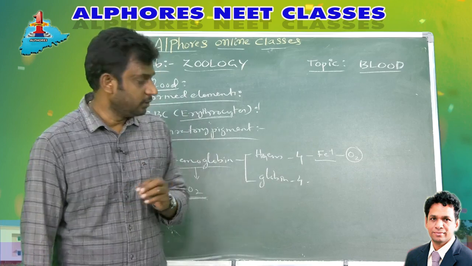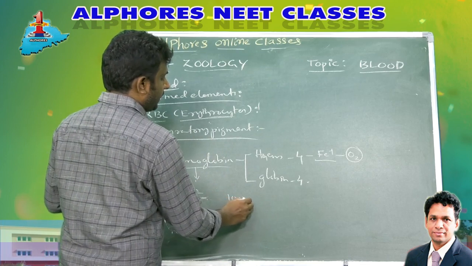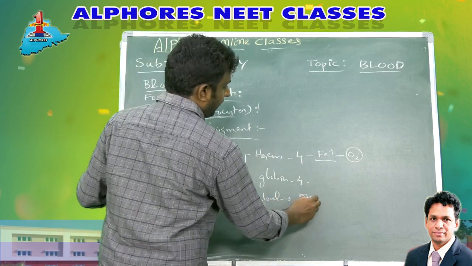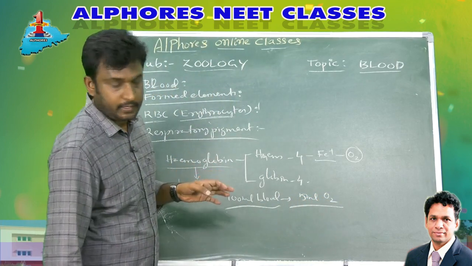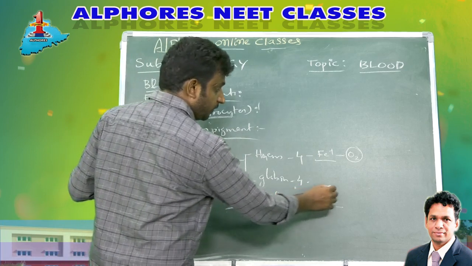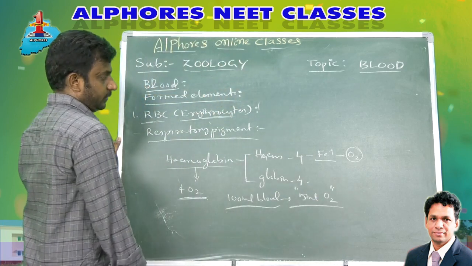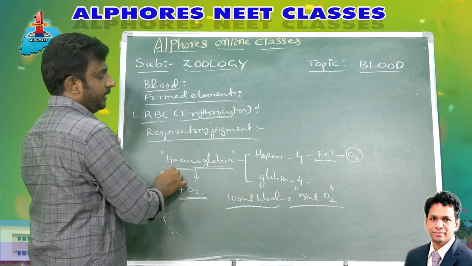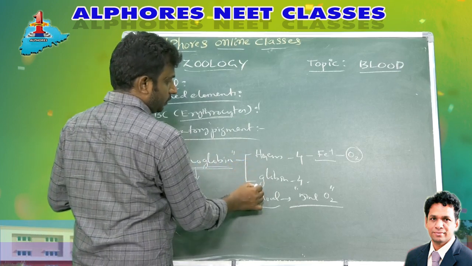One hemoglobin delivers 4 oxygen molecules; approximately 100 ml of blood delivers 5 ml of oxygen from lungs to tissues. Components of hemoglobin: hemoglobin is a respiratory pigment that consists of 2 parts, heme and globin.